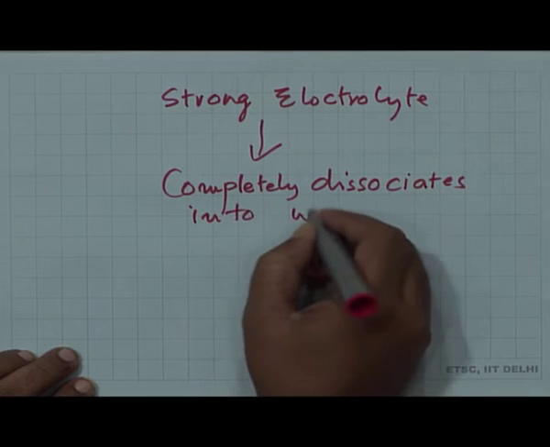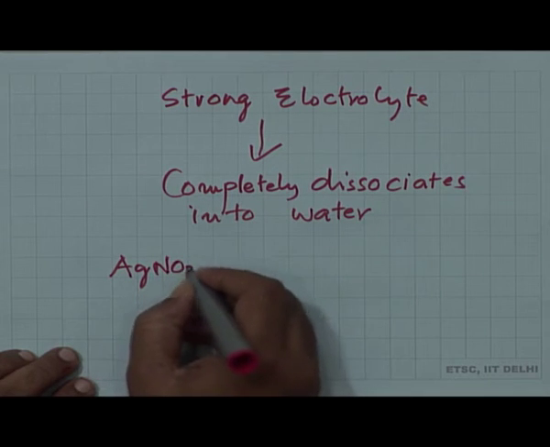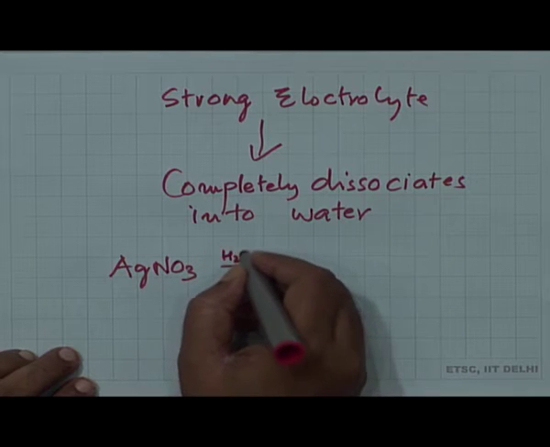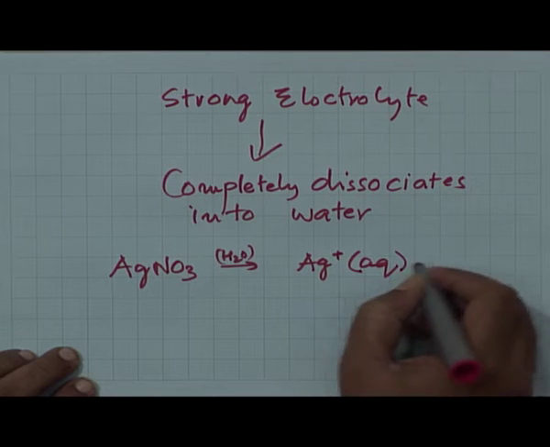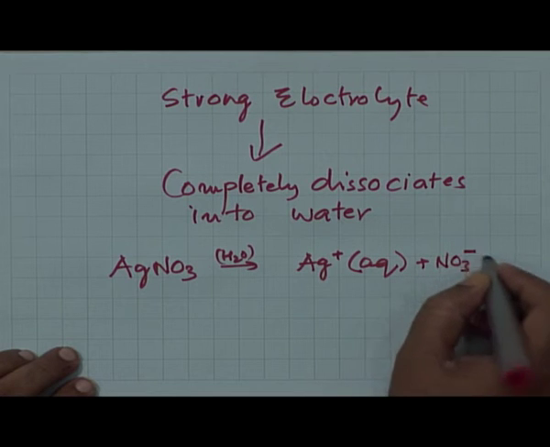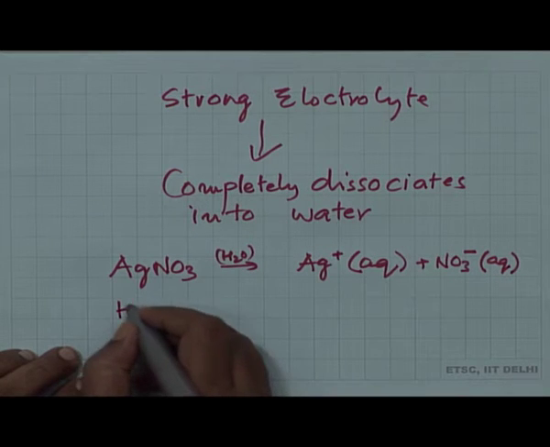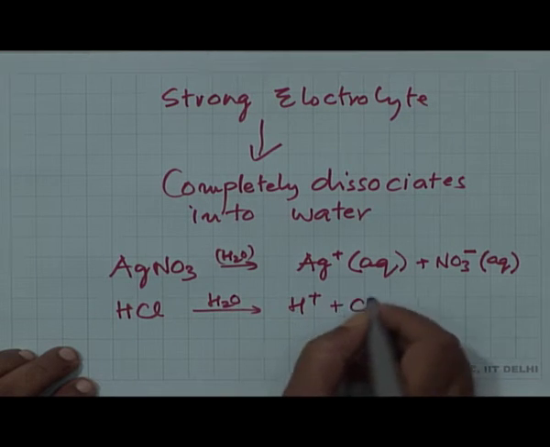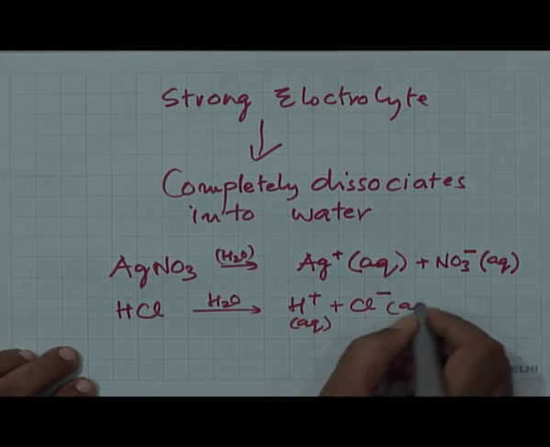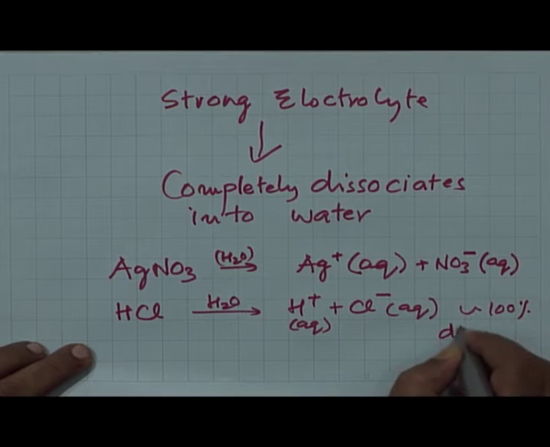For example, AgNO3 in water will form Ag+, or HCl completely dissociates into H+ and Cl- in aqueous solution. So, it is almost 100% dissociation.